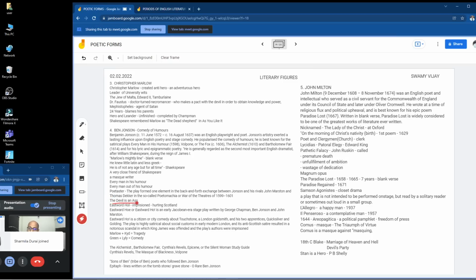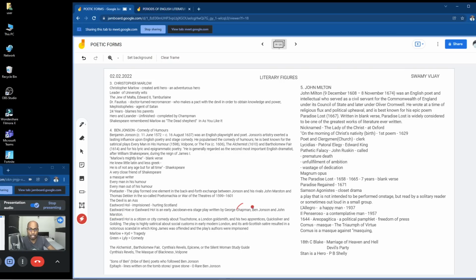Then The Devil Is an Ass is also written by Ben Jonson. Then one more important work, because of which he had to face a lot of criticism and a lot of problems. In fact, he was imprisoned with his co-writers, and that one is Eastward Ho. Eastward Ho is an early Jacobean era stage play written by George Chapman, Ben Jonson and John Marston.